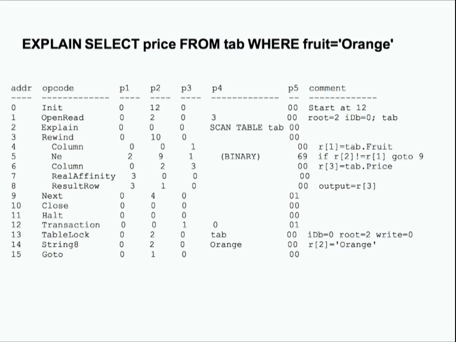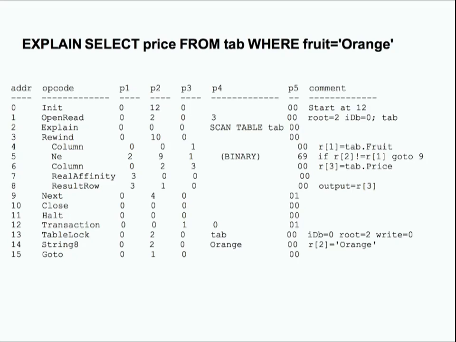In fact, here is an example, and it doesn't line up exactly right. I apologize for that, because I'm using LibreOffice. For your homework, what you need to do is go to the SQLite website and download the command line shell for SQLite. It's called sqlite3.exe, or just sqlite3 for POSIX.